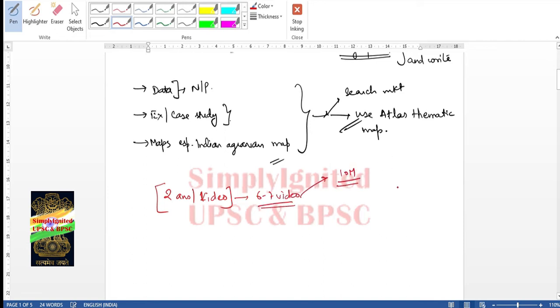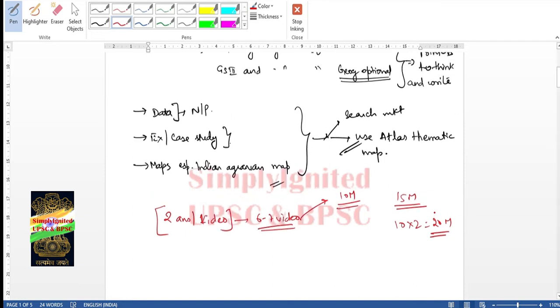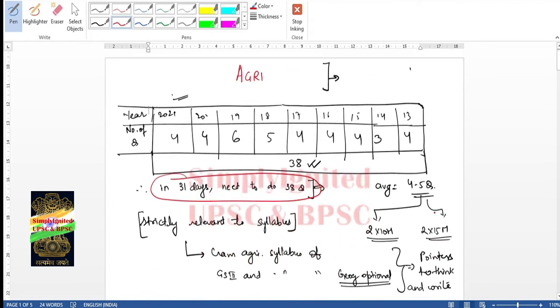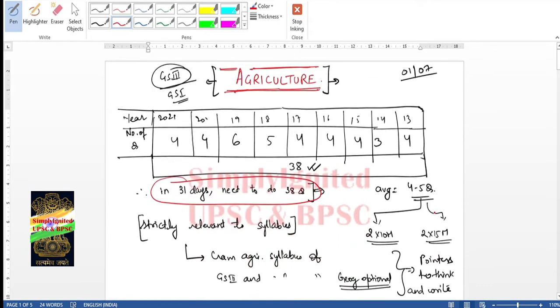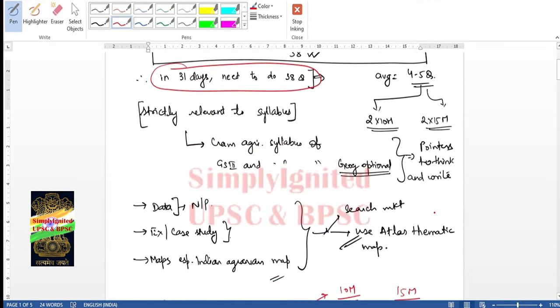So someday I'll be writing a 15 marker question, and someday I'll be writing 10 into 2, that is 20 markers, right? In this way we'll cover the entire gamut, the entire width of this agriculture, right? So with this background in mind, we must move forward because it is already 4 minutes since I have started. And anything else I wanted to say, let me see.